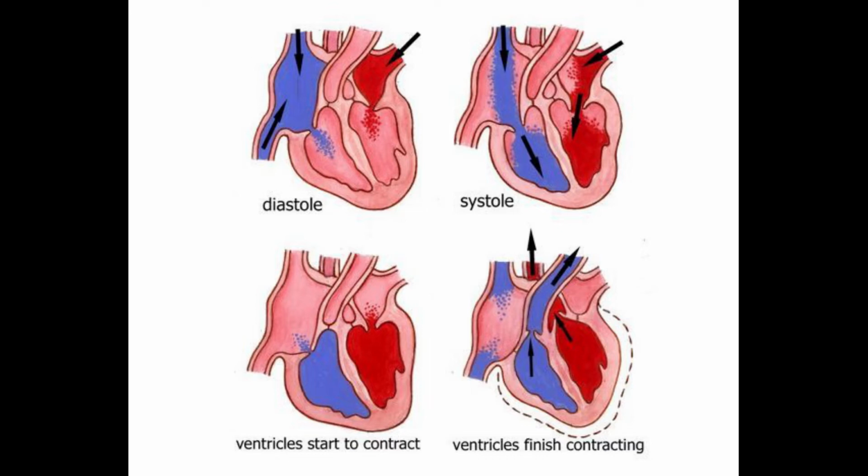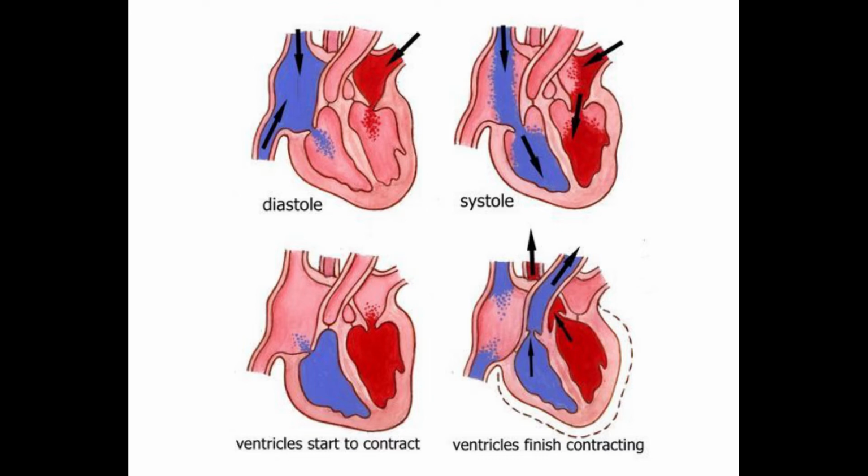The blood received from the lungs into the heart is pumped to the aorta and from there to all body parts. From the left ventricle, the blood is pumped into the aorta. From the right ventricle, the blood is pumped into the pulmonary artery, through which the deoxygenated blood is sent to the lungs for oxygenation.